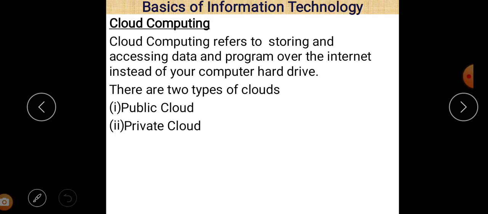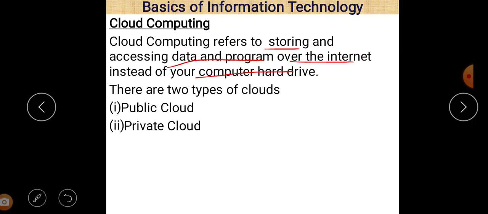So first of all, cloud computing should be very clear. That means storing and accessing data and programs over the internet instead of using computer hard drive. So we access means we perform read write operations, and we store our programs over the internet without using computer hard drive.